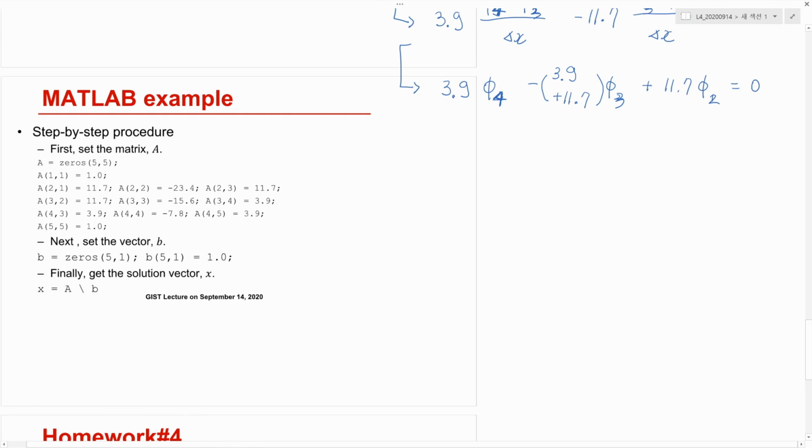By solving this example, we have achieved this result.